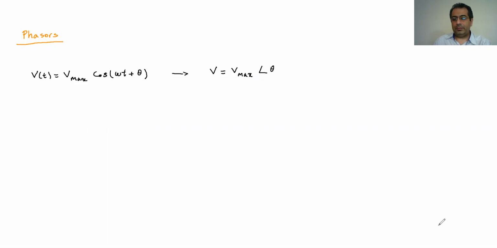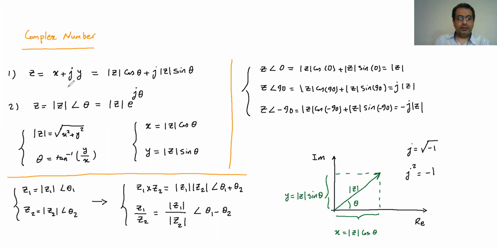So if I go back to that complex number, this is very similar. Look at it here. It is the polar way of writing the complex number. So this is how we are going to deal with it.